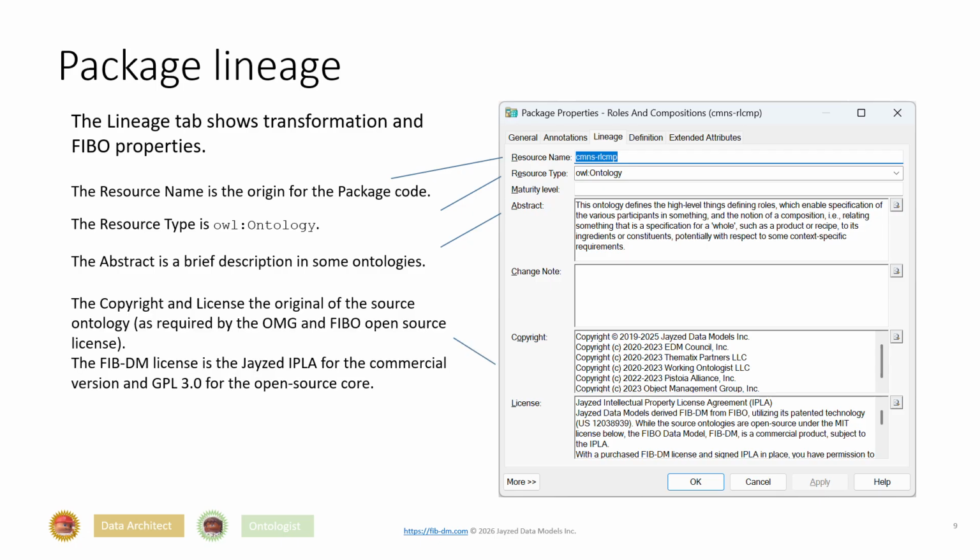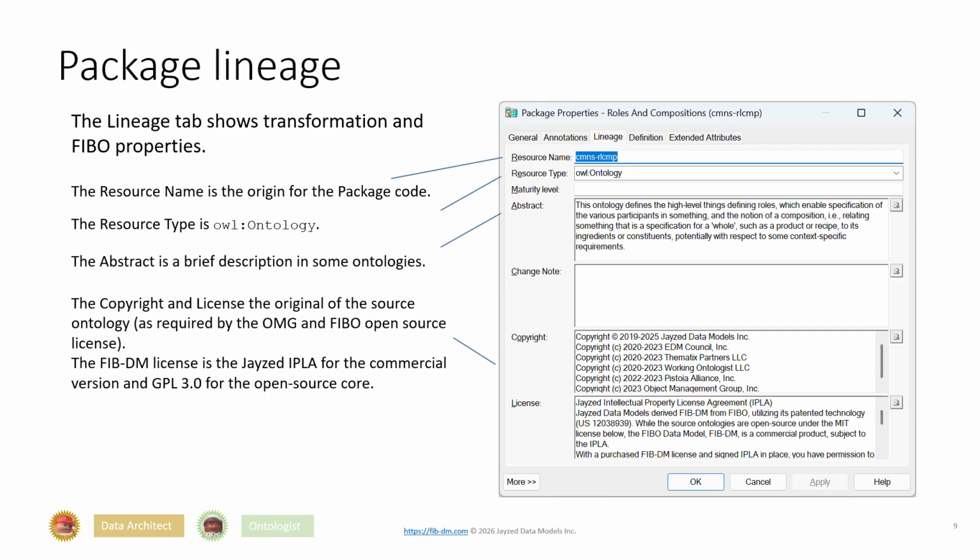And then copyright and license notes are copied from the original source ontology, and with that FIB-DM fulfills an OMG and FIBO MIT license requirement. And if you have the FIB-DM commercial license, your license is the JZ Intellectual Property License Agreement, the IPLA.